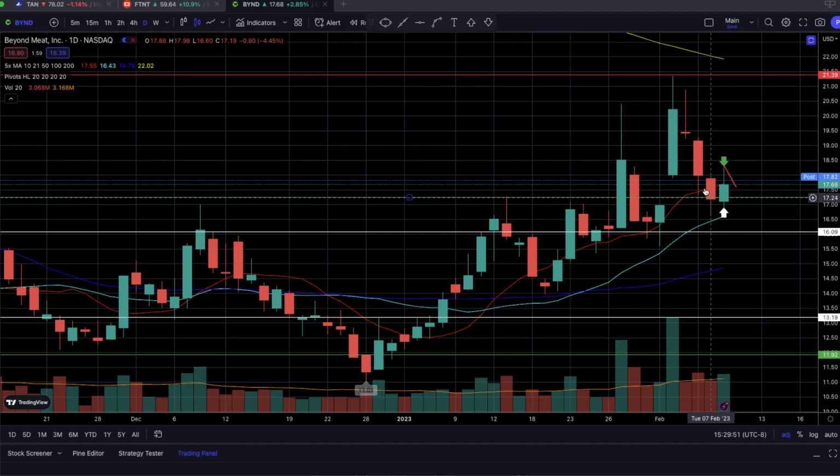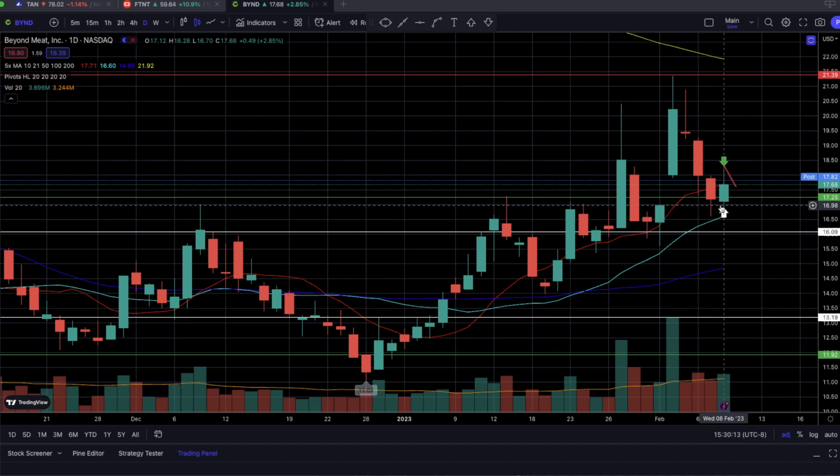And due to this pullback, we were able to retest the 10 SMA, lose the 10 SMA, and then also retest the 21 SMA yesterday and today. And so I thought to myself, well, if we decide to retest the 21 SMA 2 times, including today, why can't we have a nice bounce up?